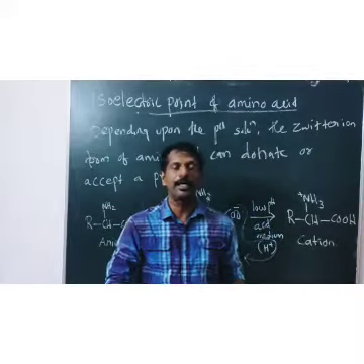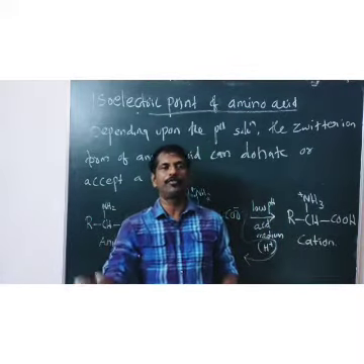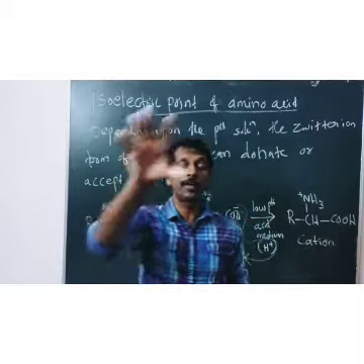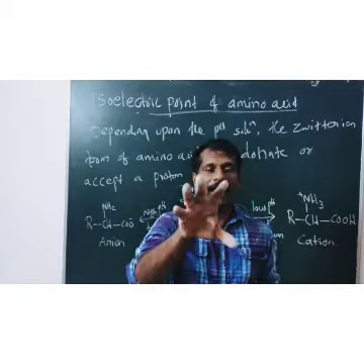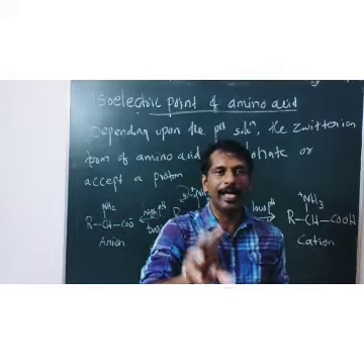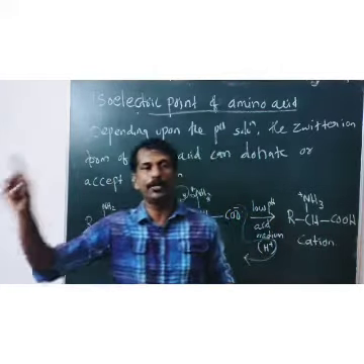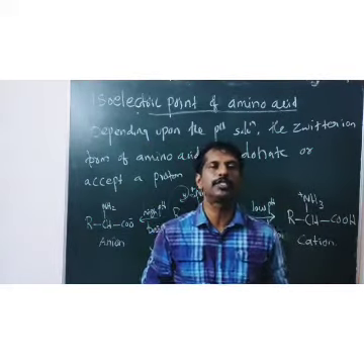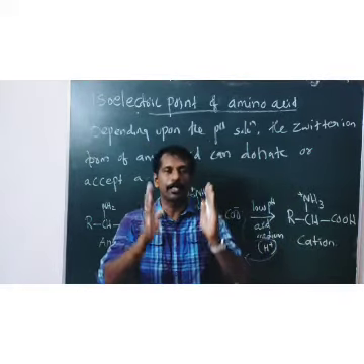At this pH the zwitterion will not carry any charge, it will be neutral, and there will not be any preferential movement towards the cathode or anode. That particular pH is known as the isoelectric point.